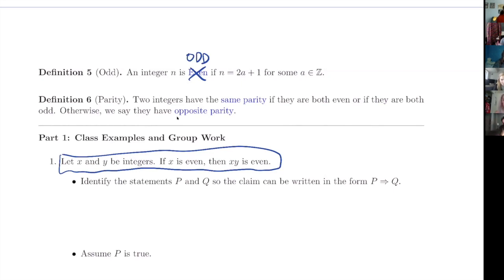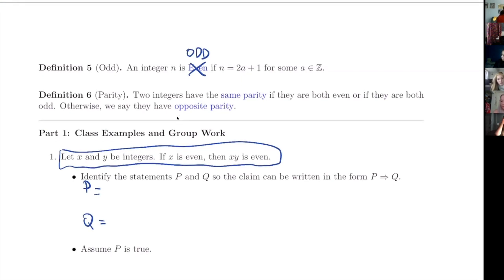So I want to try and prove this statement. The first thing I'm going to do is say, okay, what are my statements P and Q? In this example, that's fairly clear because this sentence is already if-then. But that might not always be the case. So what we're going to assume is that x is an even integer. And then what we're going to try and prove is that x times y is an even integer.